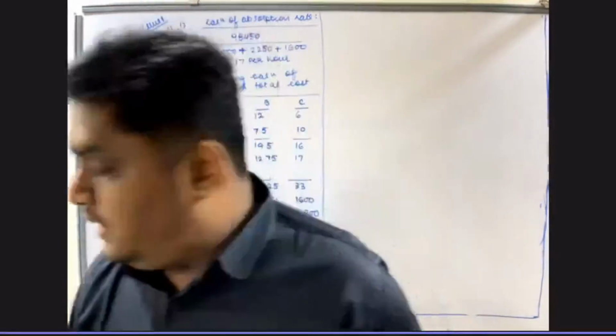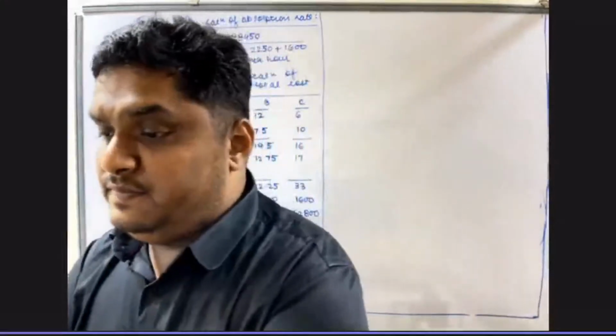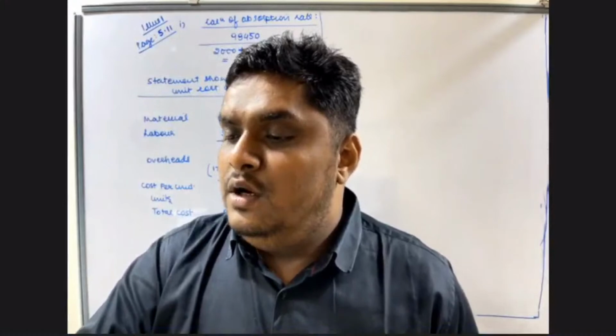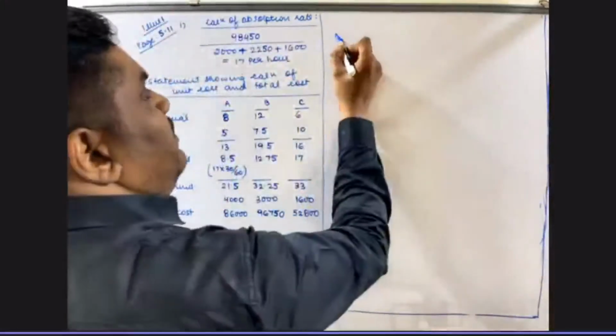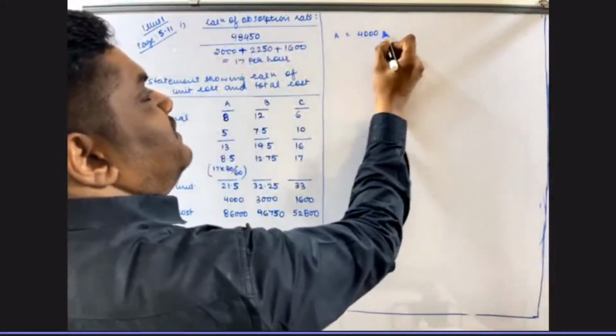Okay, Abhay, Mr. Abhay sir, how did the direct labor figure come? Abhay, herein, when talking about A, it takes 30 minutes to manufacture a product A, and total 4,000 units were manufactured.